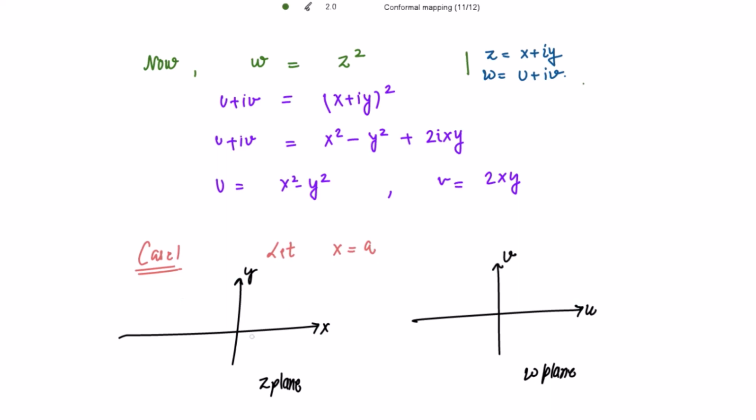For x equal to a, we are getting the line parallel to the y axis. So this is x equal to a. What image do we get here, right? Let's see that. We have u equal to x square minus y square and v equal to 2xy. So let's put the value of x equal to a in these.